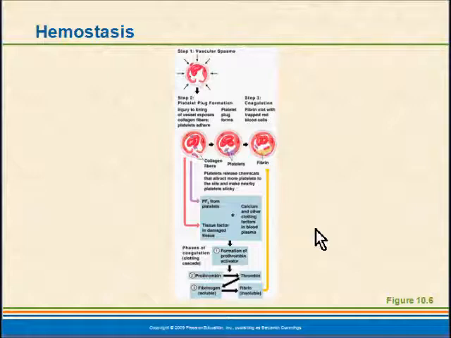In the presence of tissue damage, there is a release of some chemicals, which, along with calcium, causes the formation of prothrombin activator. Prothrombin activator helps convert prothrombin to thrombin. Thrombin helps convert fibrinogen, which is a soluble protein, into fibrin, which forms a meshwork that holds the clot together.